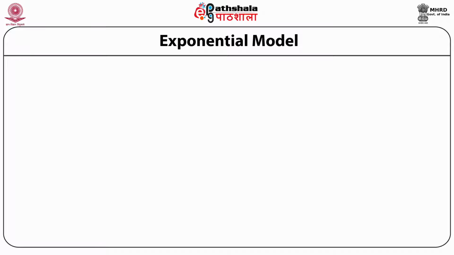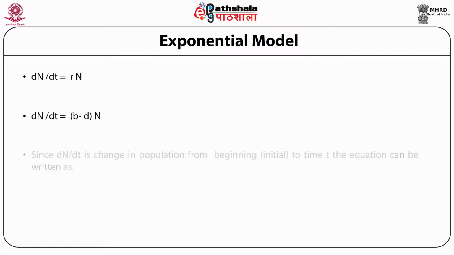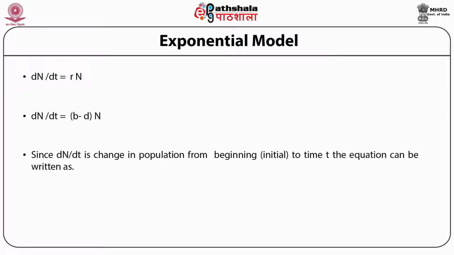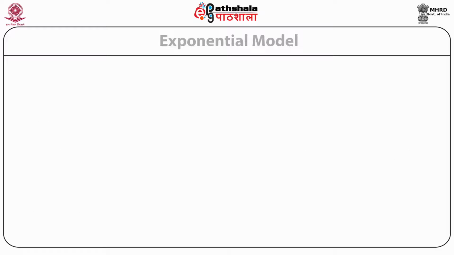The differential or exponential model, as stated in the previous slide, is given as dN upon dt is equal to rN. Since dN upon dt is the change in the population from the initial population to the time t, this equation can also be written as r is equal to (Nt minus N0) upon t.